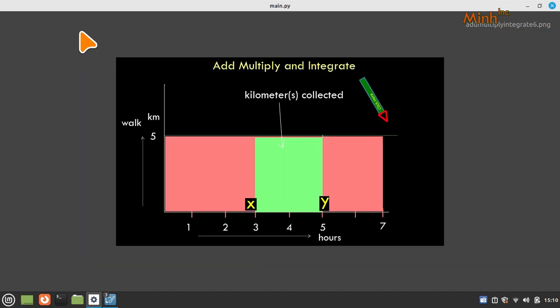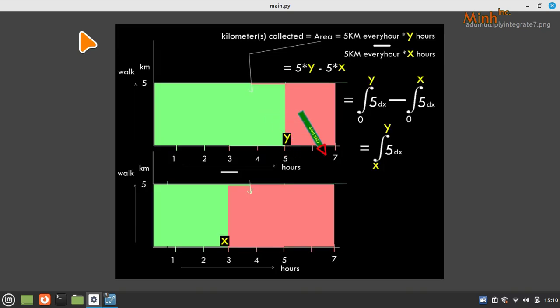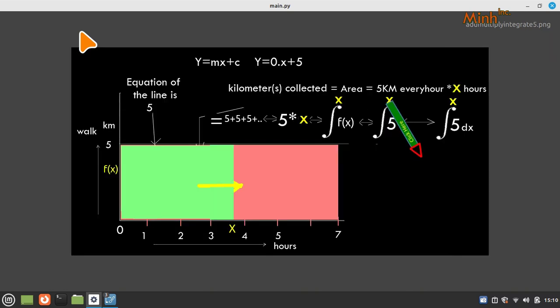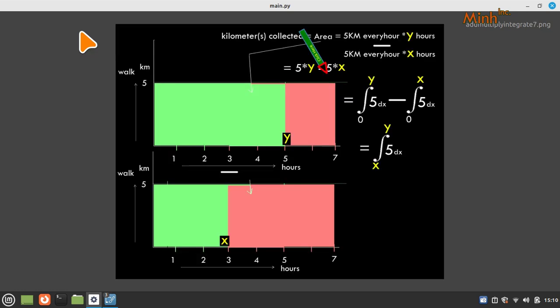We can find the area between a range, which we can denote like this, x to y. In integration, f(x) is the dependent variable and x is the independent variable. The independent variable we also call the range.